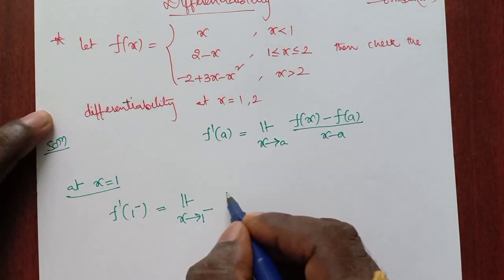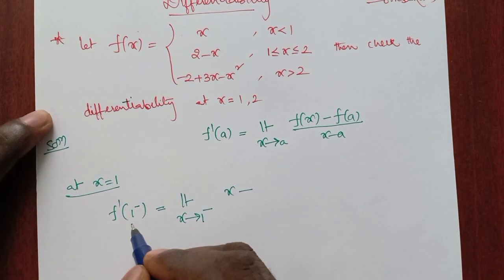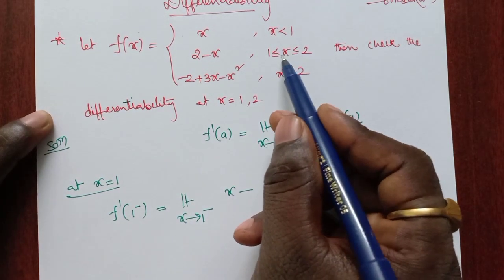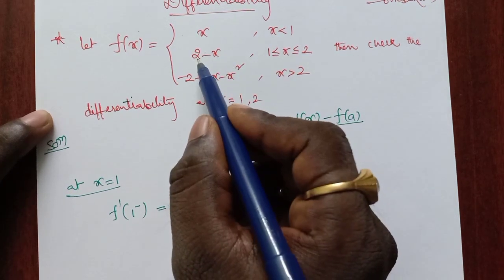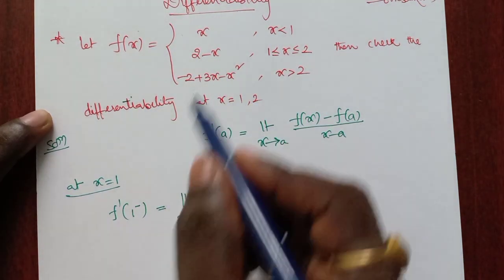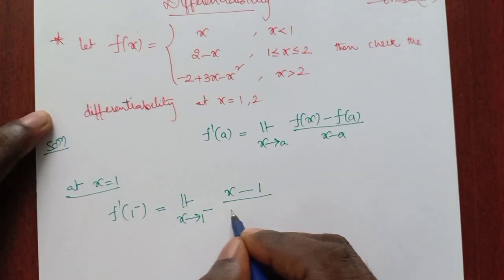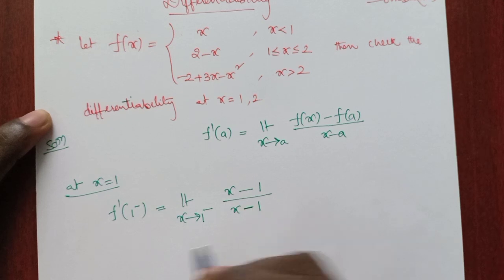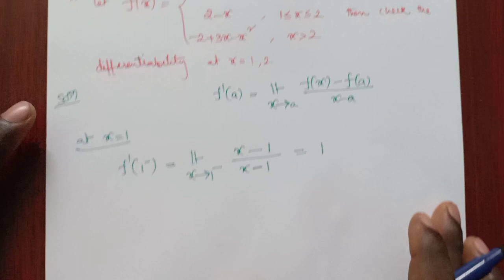F of x is x minus f of a, which means f of 1. So here it is x equal to 1. We will take 2 minus x. When x equal to 1, it is 2 minus 1, that is 1, divided by x minus a is what? 1. Now x minus 1 gets cancelled, then the result is 1.